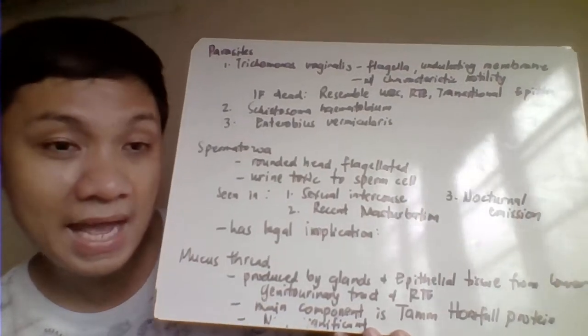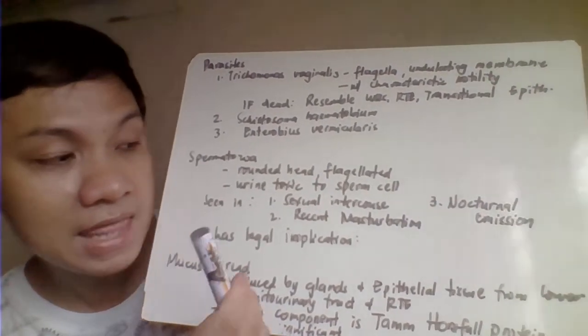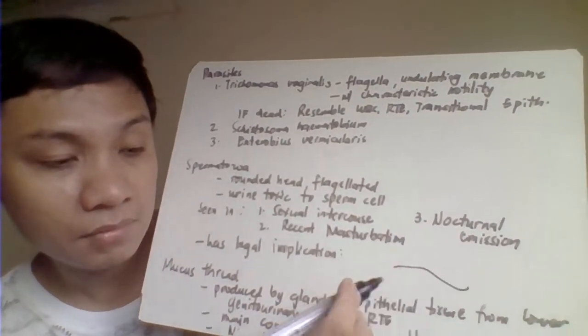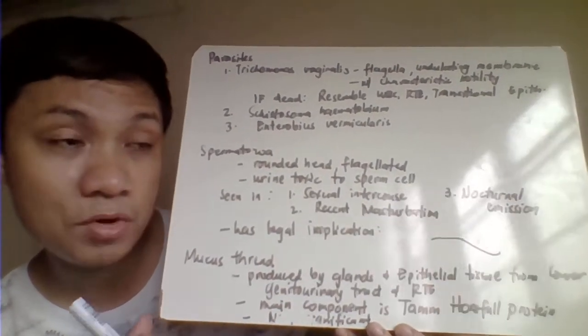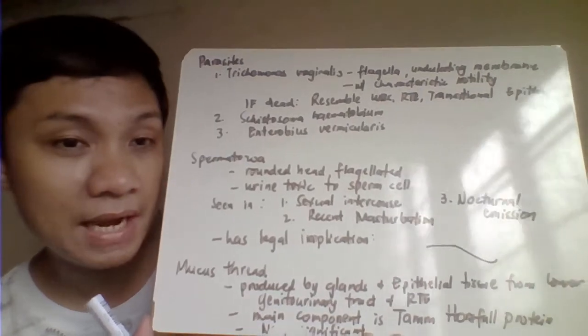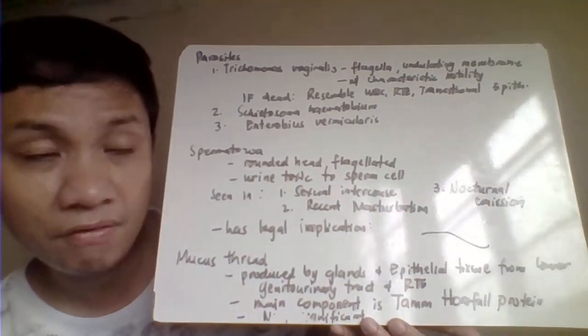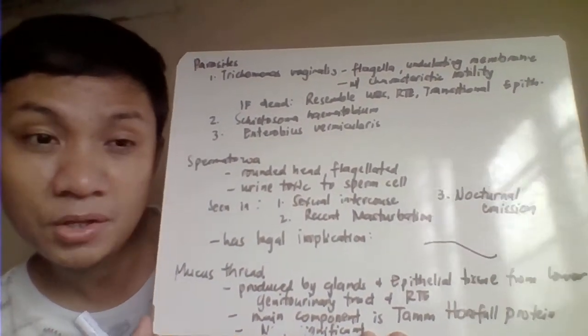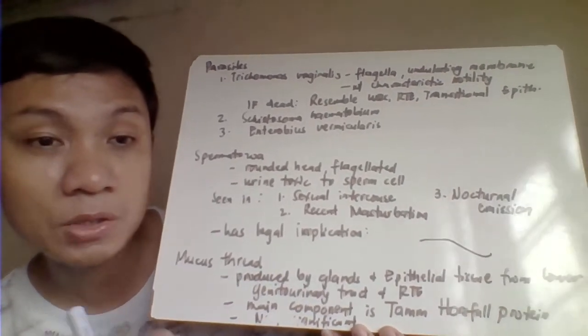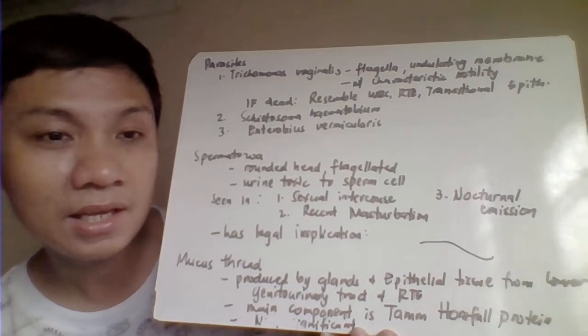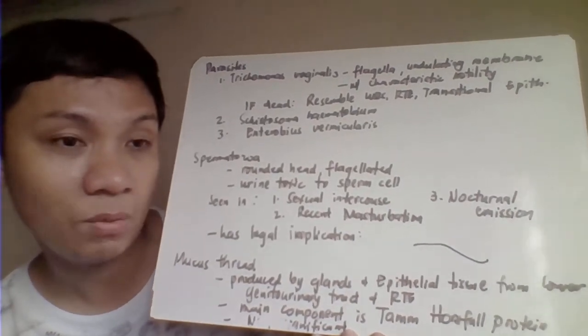It's thread-like, very thin. Therefore sometimes it would be missed. A better way of identifying it is to examine it under reduced light, meaning the field is not as bright.